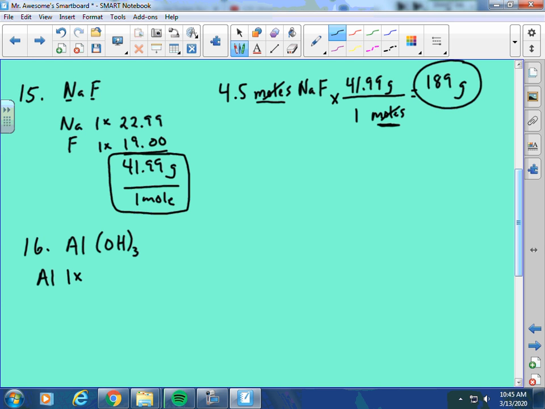And then I have O. Now remember, when you have something in parentheses, look at how many of those atoms are in the parentheses and multiply it by the number outside. So in the parentheses, there's 1 atom of oxygen. So I got to take that 1 atom and multiply it by the 3 outside. So there's actually a total of 3 oxygens in this molecule. And then the next element is H, and same thing. There's 1 of them inside the parentheses times 3, so there's actually 3 of them.